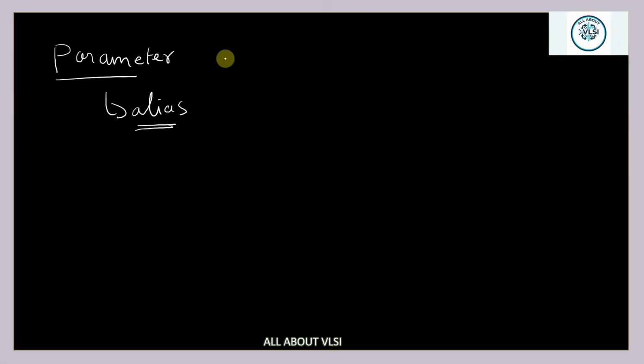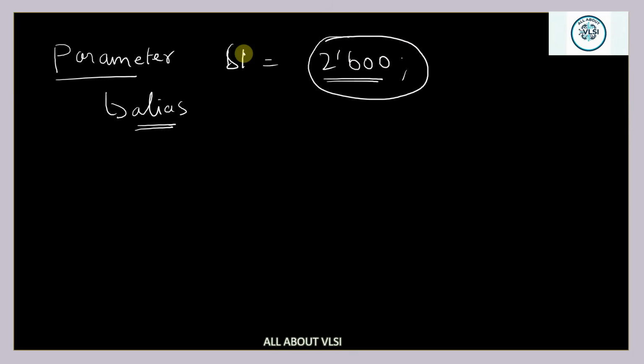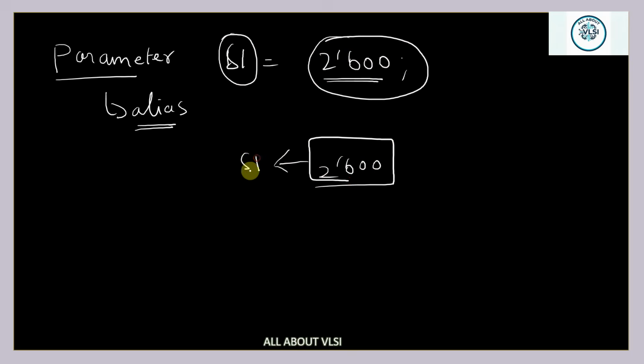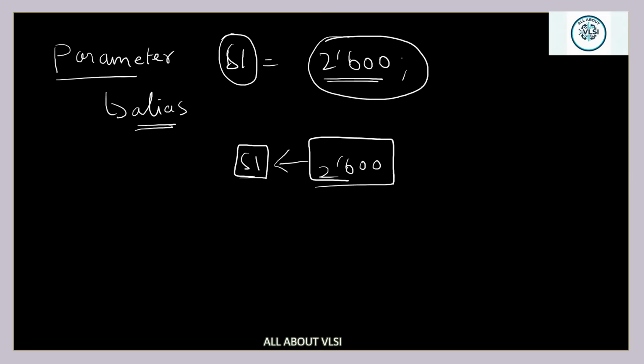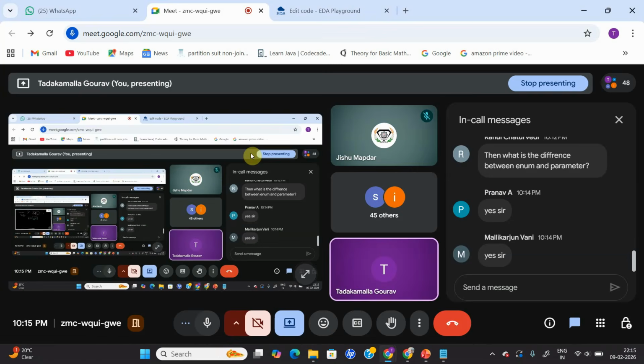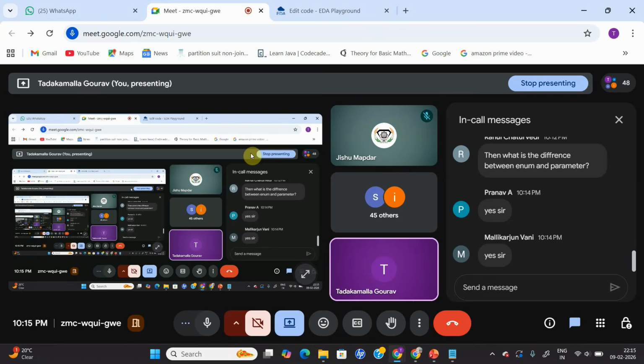So let's say parameter s1 is equal to 2'b00. Instead of writing 00 or 01 everywhere, you simply write s1, so you are replacing this particular value with s1. That is the difference between a parameter and an enum. Both are completely different. Is it clear, Rahul?